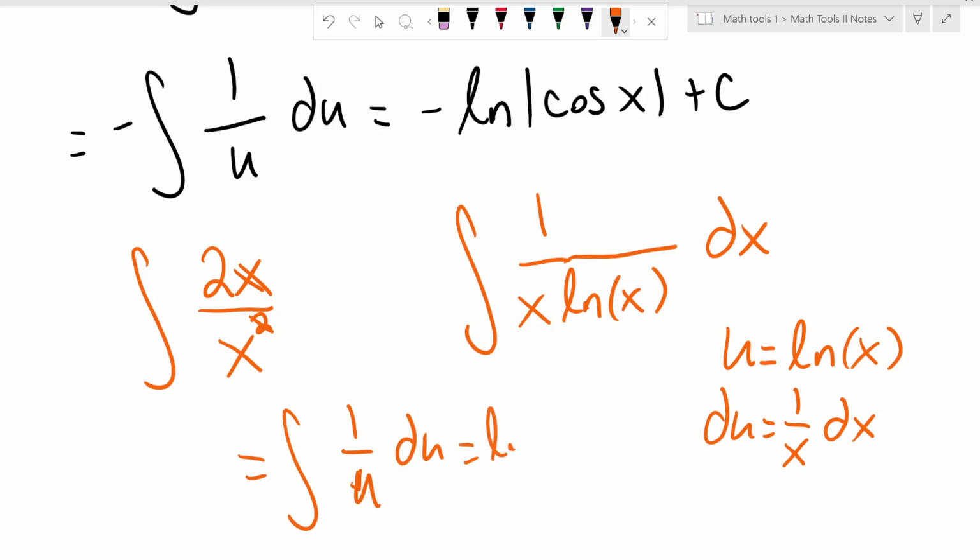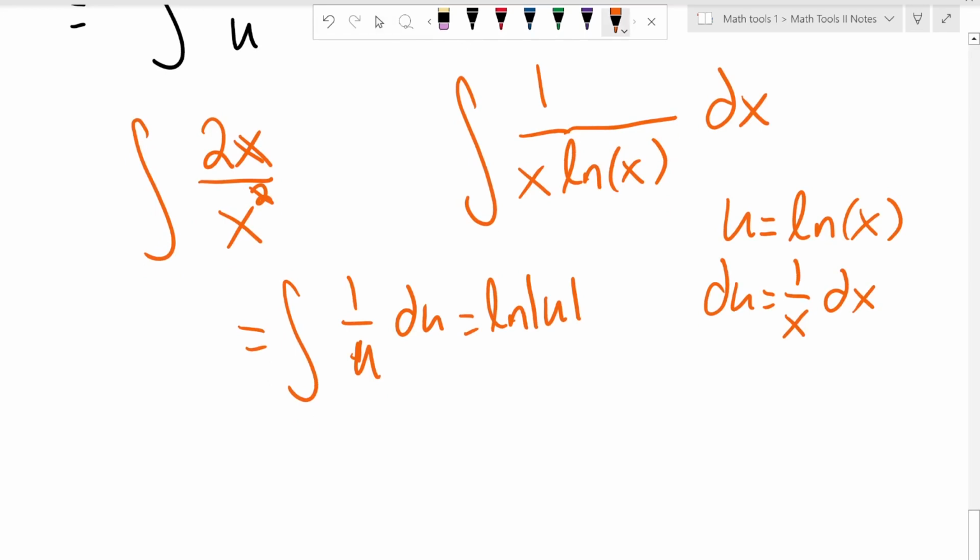So we're going to get natural log of the absolute value of u. So that's going to be equal to the natural log of the natural log of x. Okay, still need the absolute value here. Sometimes you can drop it if you know the thing on the inside is positive. Natural log of x needs positive numbers on the inside, but it can output negative numbers. So we definitely need the absolute value symbol here.